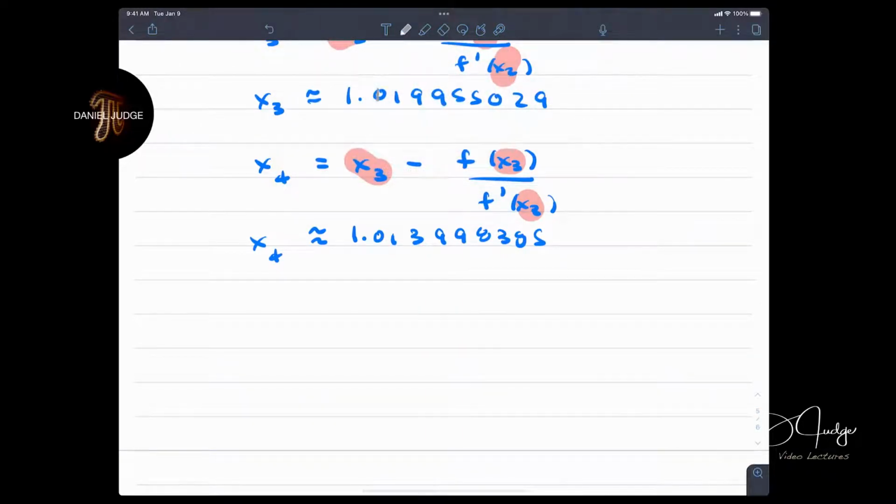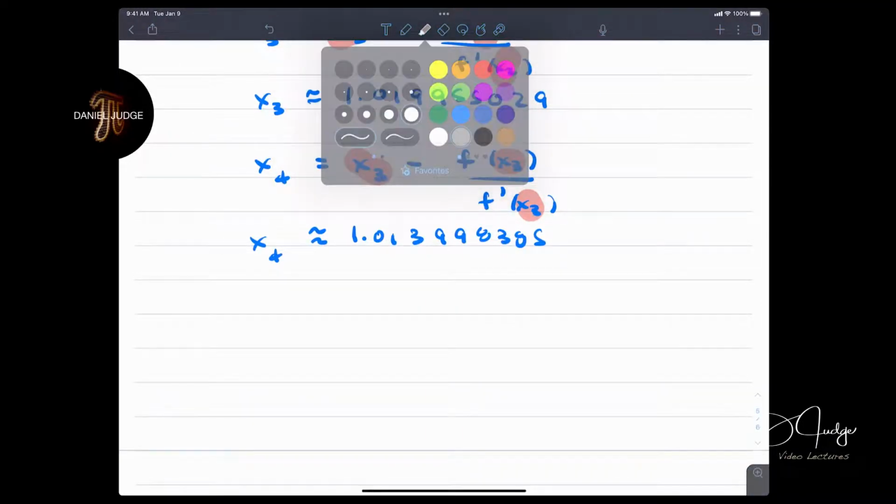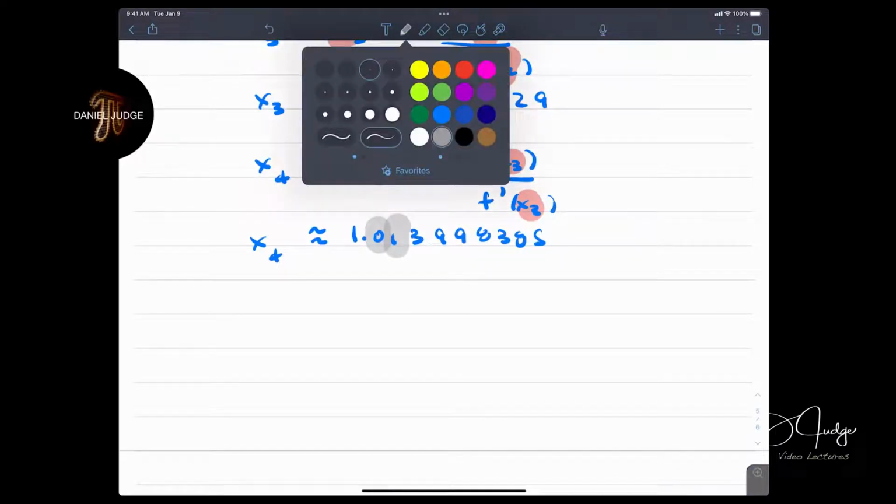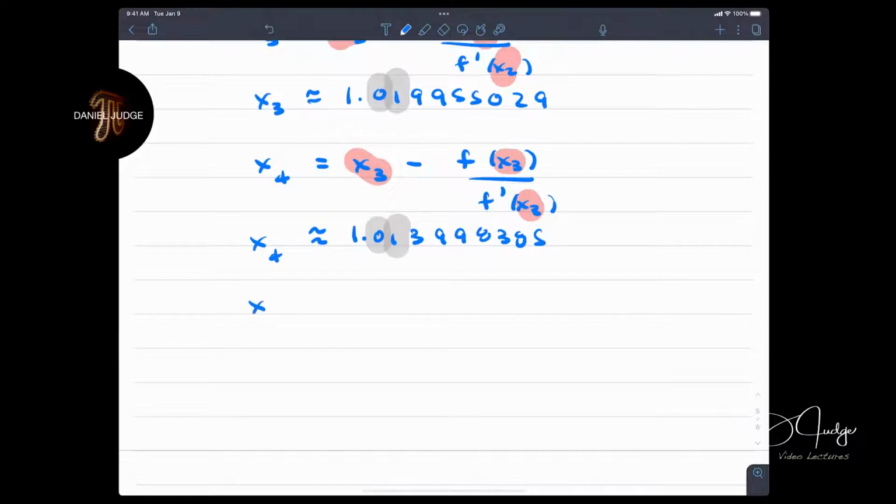After the decimal, 0, 0, 1, 1. So there's only two digits that are duplicated. They wanted this to, I think it was 4 or 6, but I don't recall. But we're going to keep going here. We're going to improve our accuracy. Looks like we're getting closer. Looks like we're going to converge to the root.